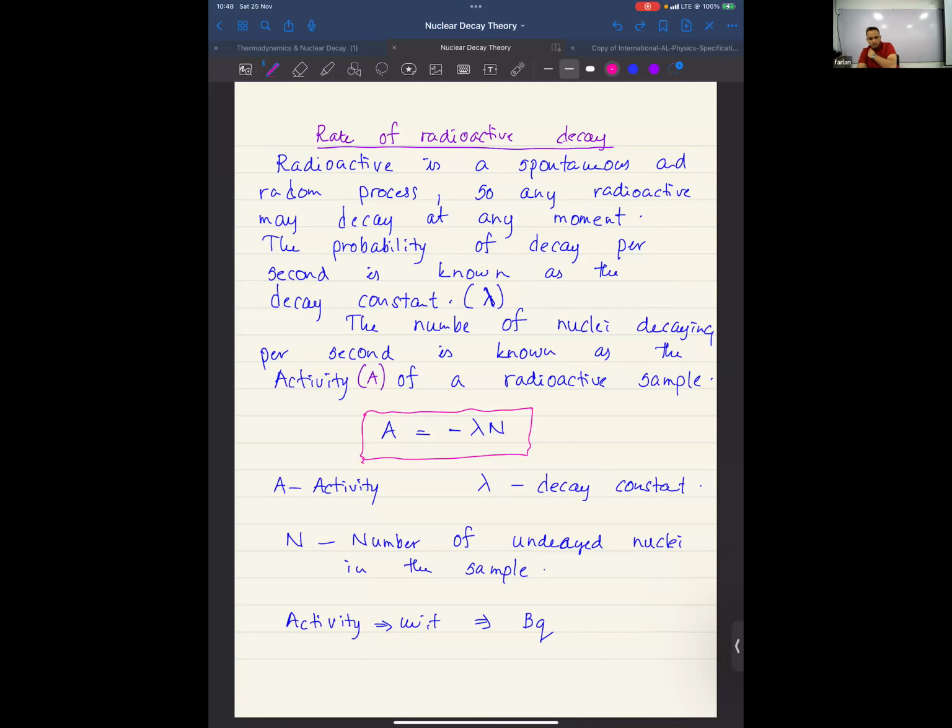Right under that, radioactive decay is a spontaneous and random process.